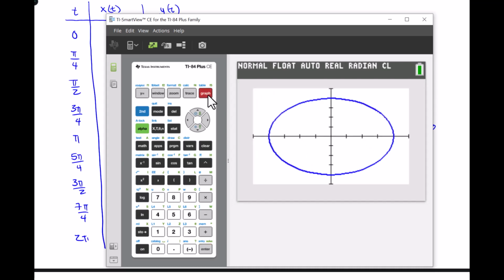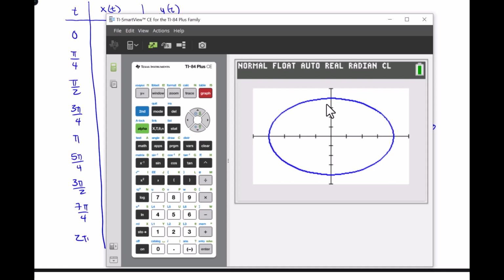All right, now it certainly looks more elliptical. The problem here is that there are more pixels in the horizontal direction of this window than there are in the vertical. And I've assigned the same distance per each tick mark. There's 10 tick marks this way and 10 that way. So we're not going to get an accurate representation of the graph.